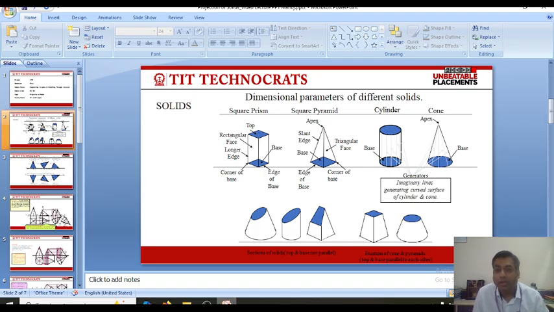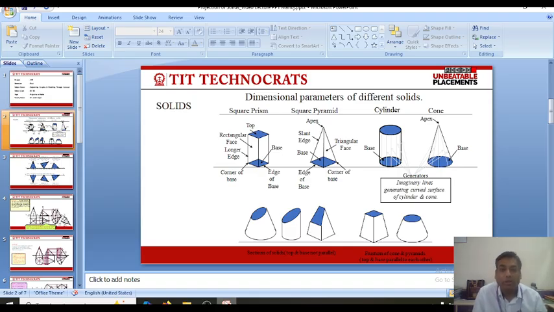So a cylinder is generated by revolving a rectangle about one of its sides, while a cone is generated by revolving a right angle triangle by keeping one of its perpendicular sides as axis. So, if we talk about solids, prism, pyramid, cylinder and cone are the categories of solids.